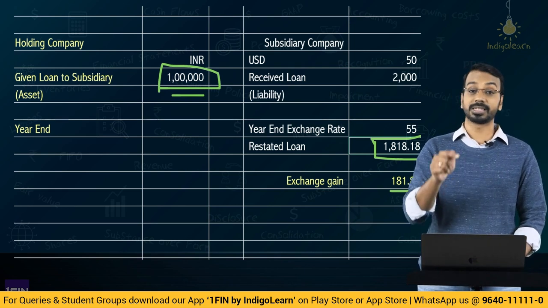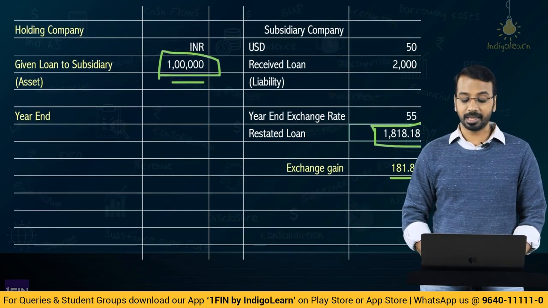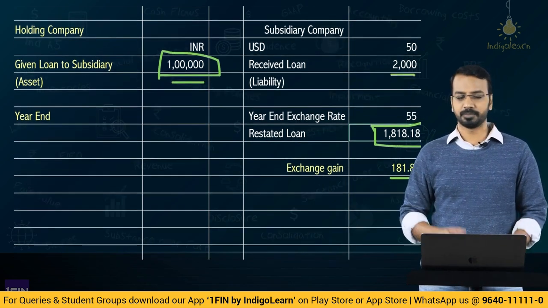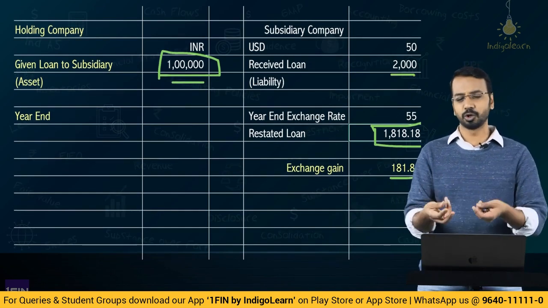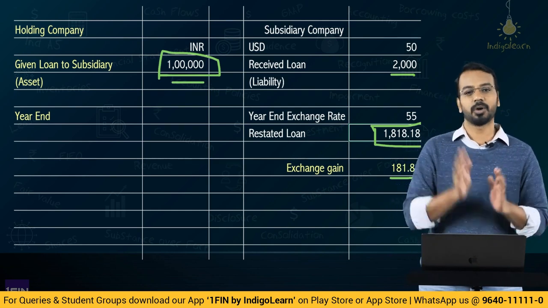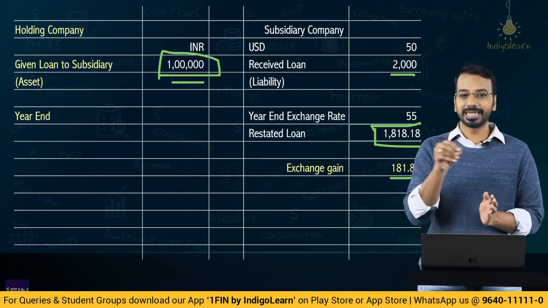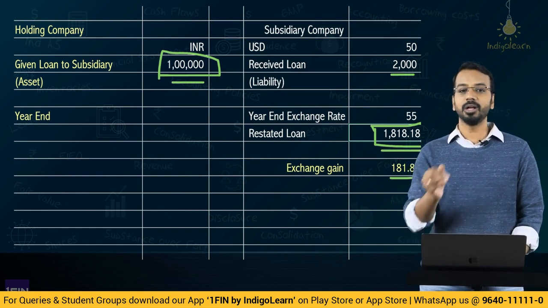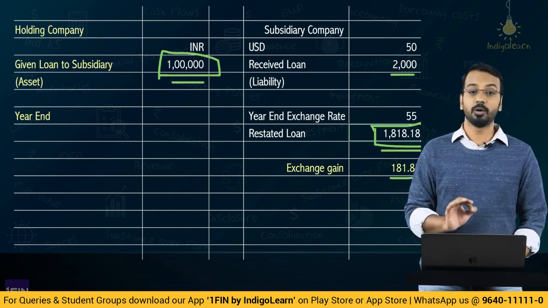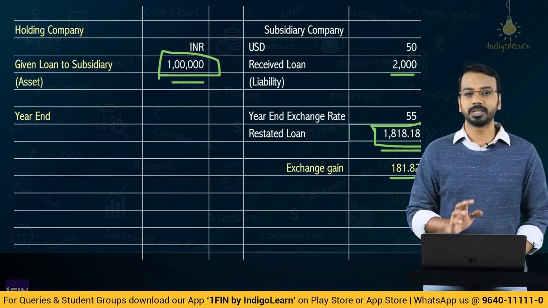Now, for that we have to understand one more logic. See, initially the subsidiary got $2,000. Assume you got that $2,000 and you have kept it in your pocket. After 1 year, or at the year end, you are required to give only 1818.18 to the holding company. You are required to give how much? 1818 to the holding company. Means what?